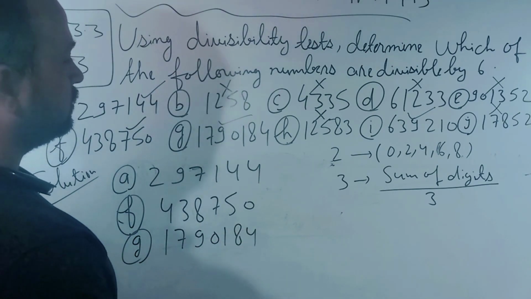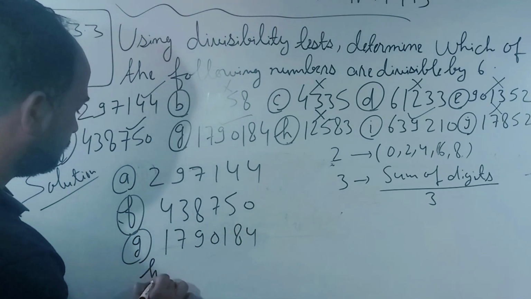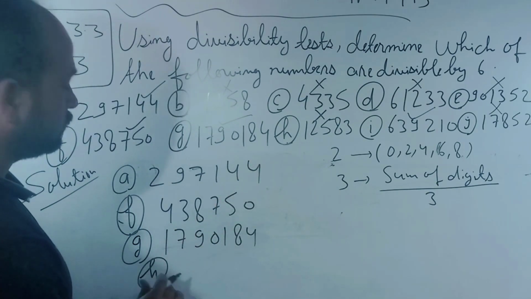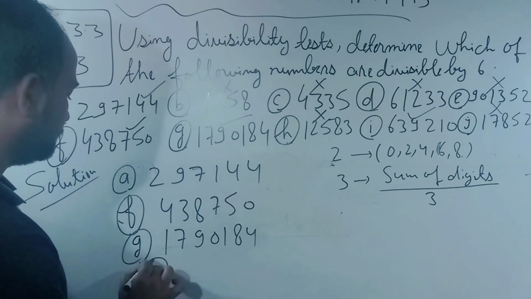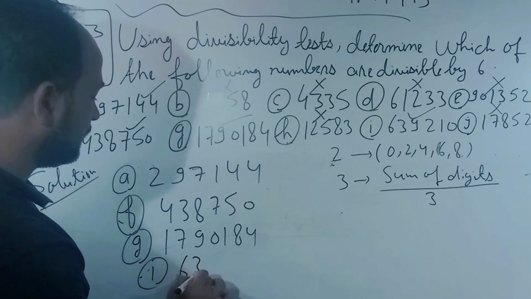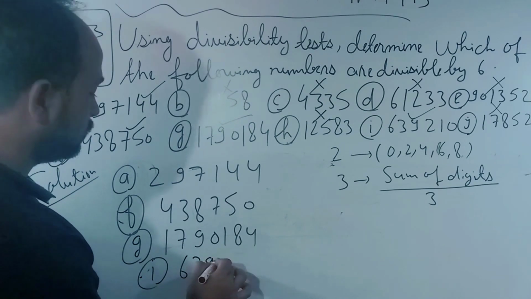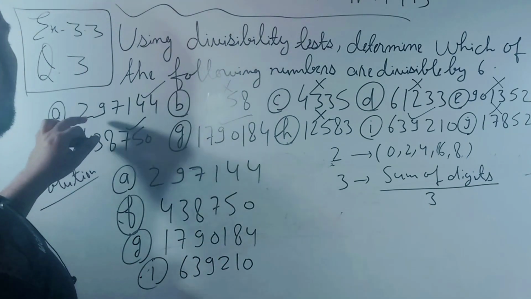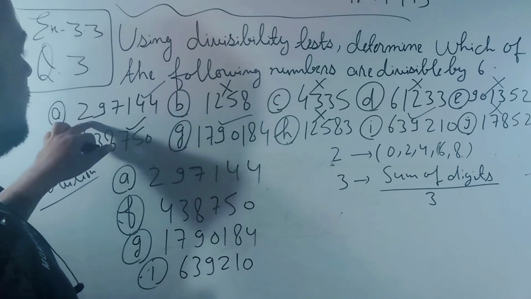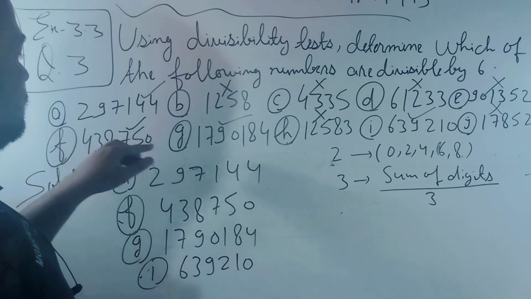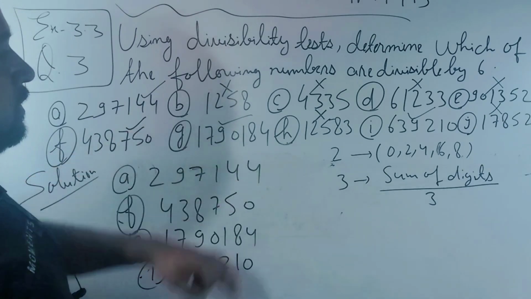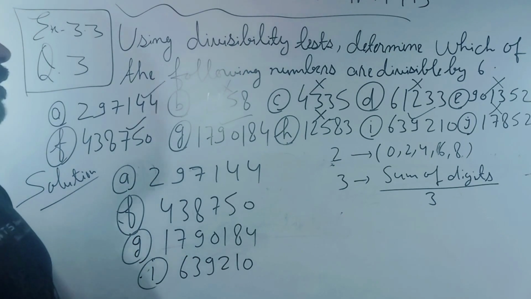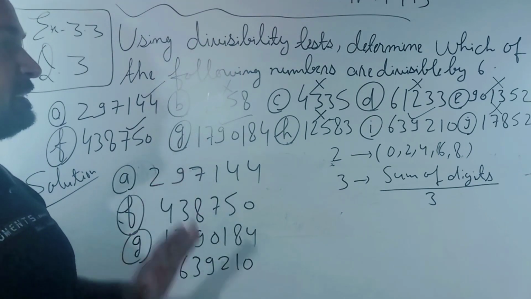Now next number, I, 639210. Okay, let me check again. A and F, G and I. Okay, only 4 numbers are divisible by 6.